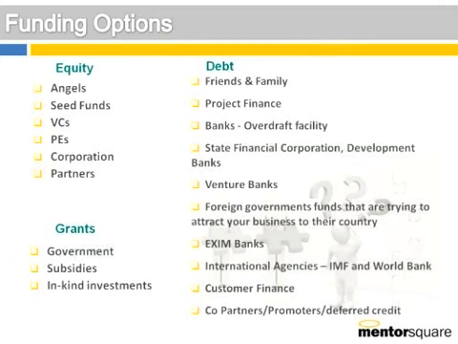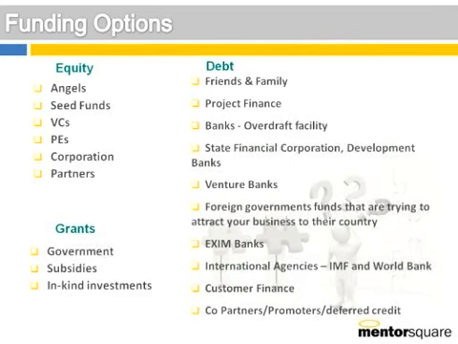In the debt, obviously we have friends and family, project finance, banks, overdraft facility, a lot of the state finance corporations, development banks, venture banks, and so on. So there are several options available on debt, because debt is a well understood, well supported, well collateralized instrument.